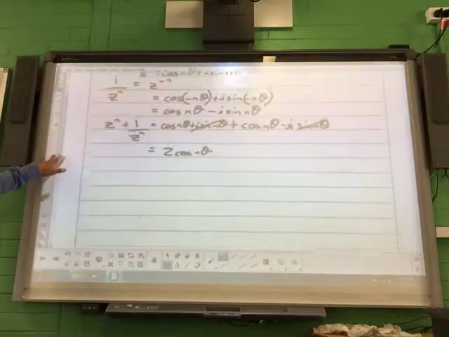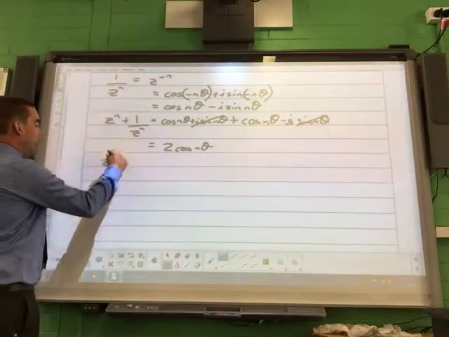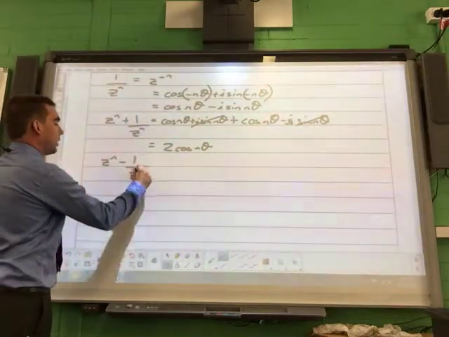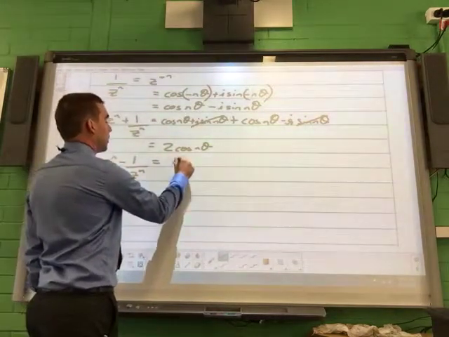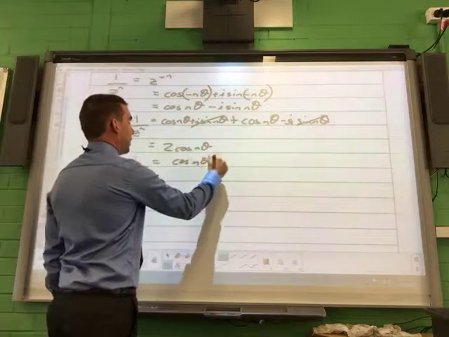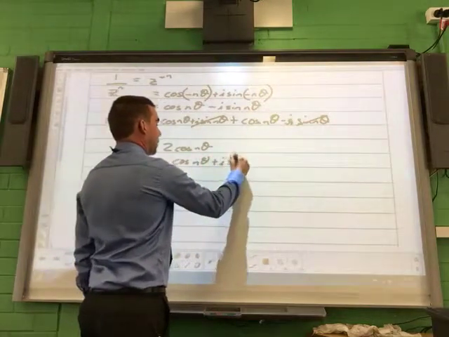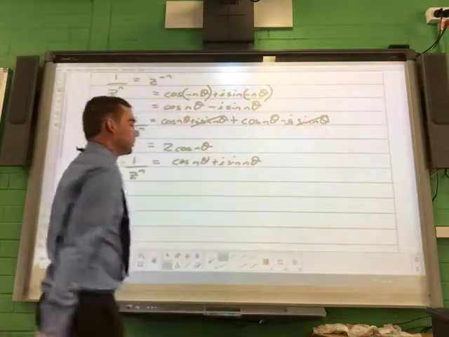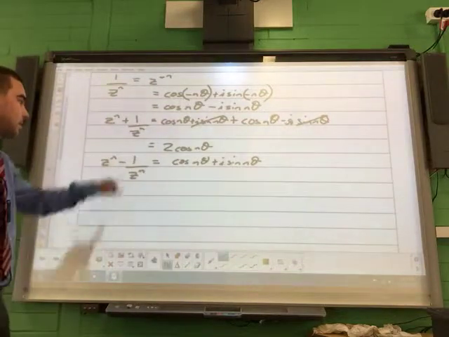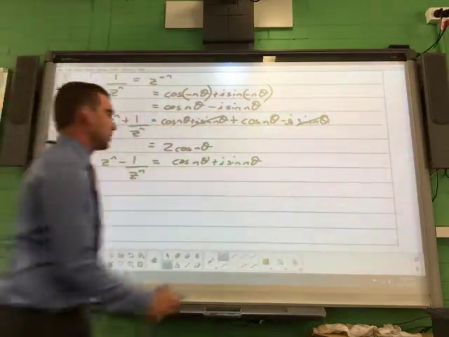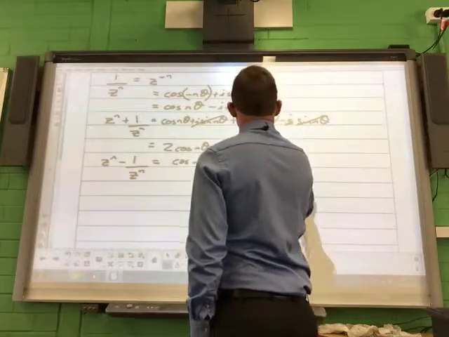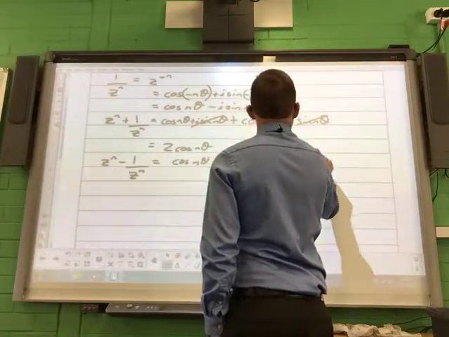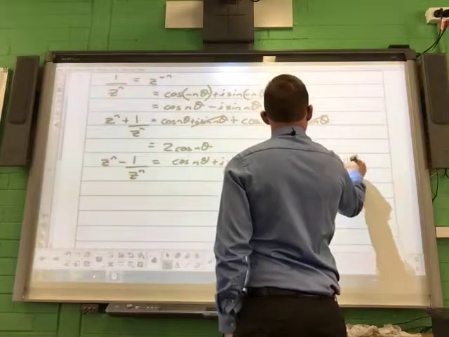Now, z to the n take away 1 over z to the n. Alright, so z to the n is cos n theta plus i sine of n theta. And then you need to take away the result we just derived. So take away cos of n theta, take away i sine of n theta.